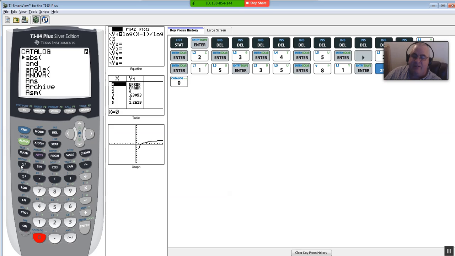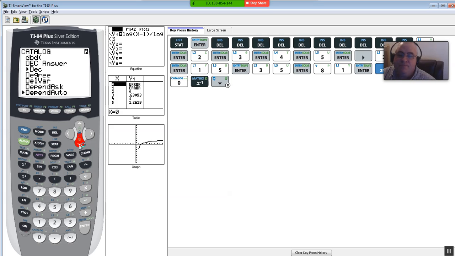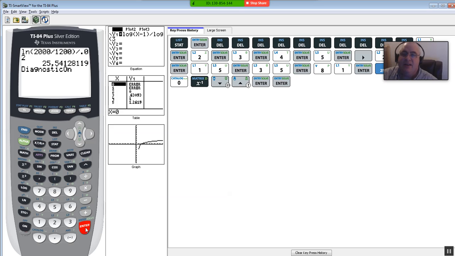And then you push this button that looks like X and -1. And that'll take you down to the D's. And what we're looking for is diagnostic on. In the newer TI-84s, this is actually in the mode. Here's diagnostic on. Press enter twice, and that'll turn that on.